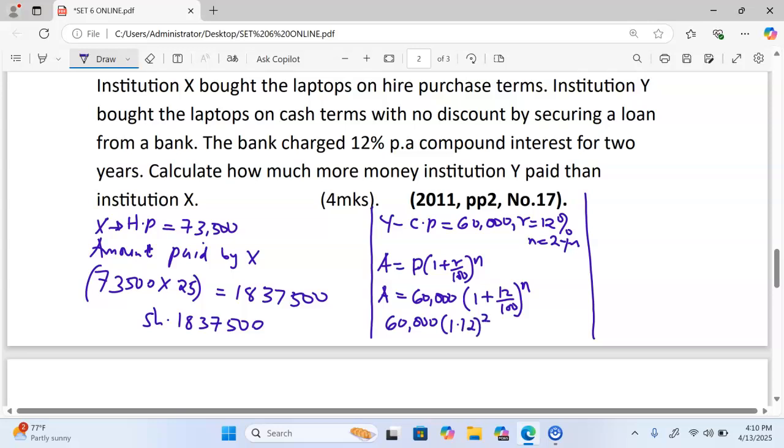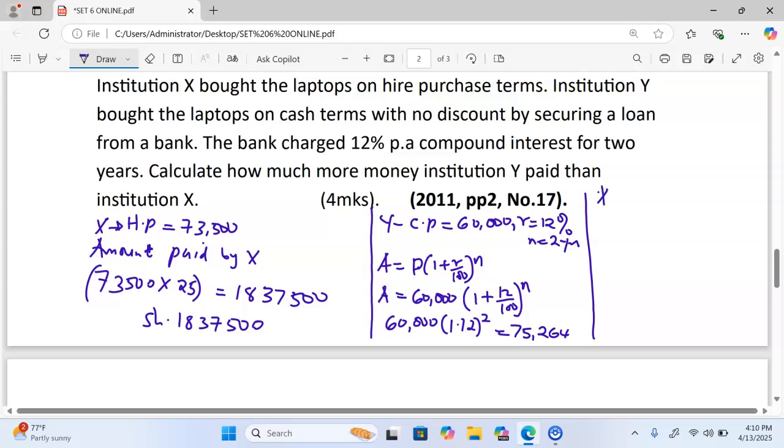Then we raise this to 2, and this gives us a total of 75,264 shillings. This is per laptop.